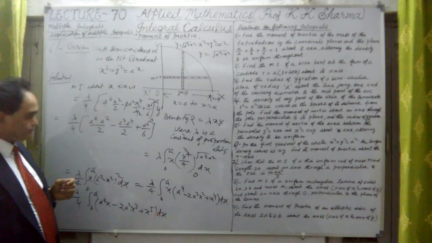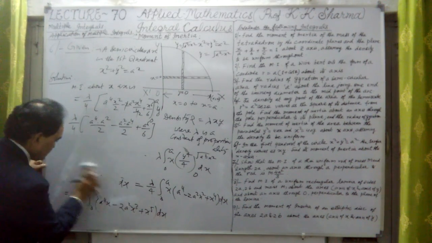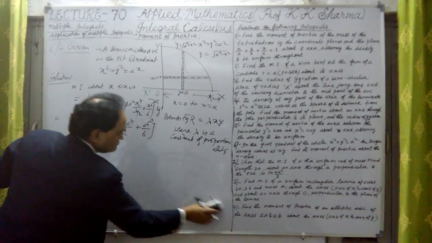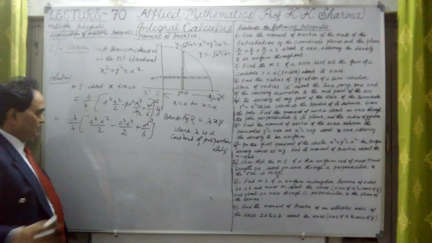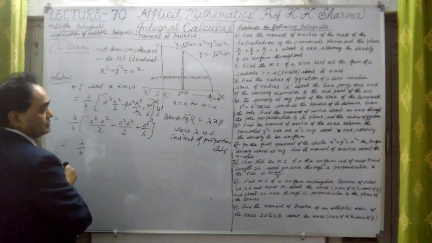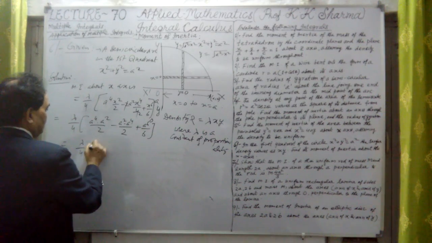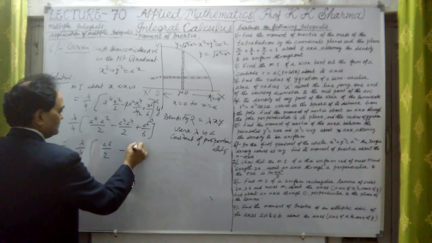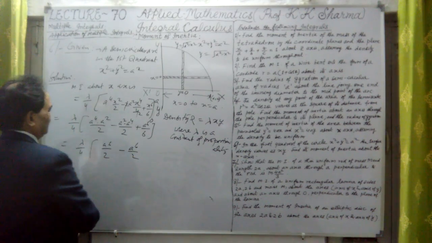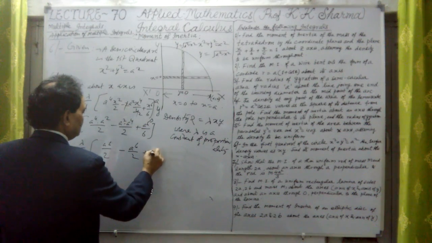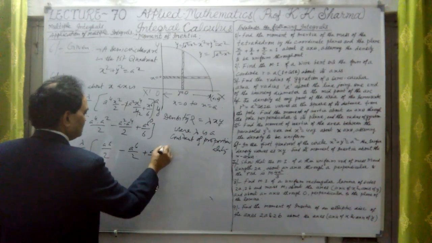Solving it now, so finally what do we get? Now let me solve it further. Therefore MI about the x-axis is obtained as a⁶ upon 2 minus a⁶ upon 2 plus a⁶ upon 6.